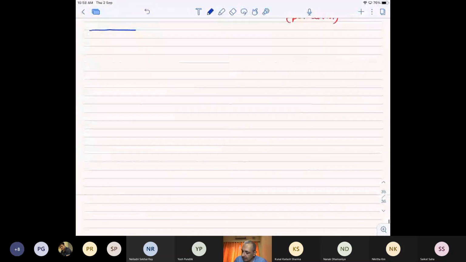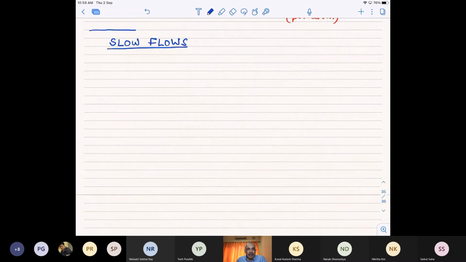Now let's go on to the next topic, which is slow flows. And as I had briefly mentioned, there are essentially two ways in which we can look at these.